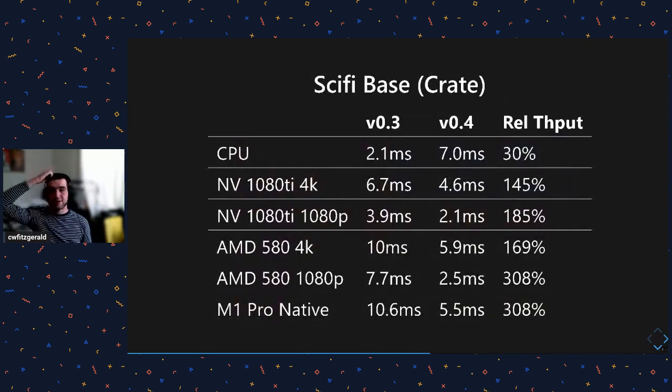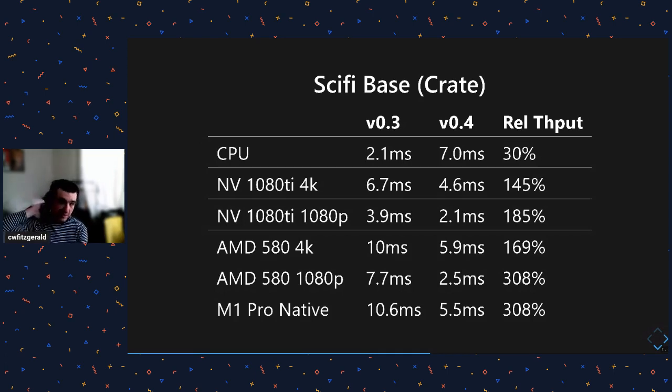So let's take a look at the numbers, and they are actually much better than I expected. We have numbers here for both 4K and 1080p. For example, a lot of my information is from AMD, so we'll be doing some deep dives into AMD's performance in a bit.